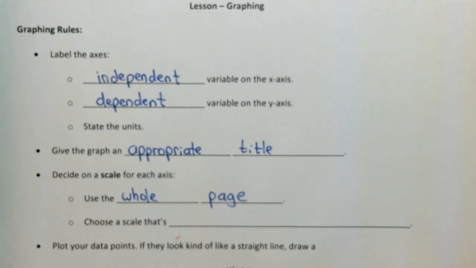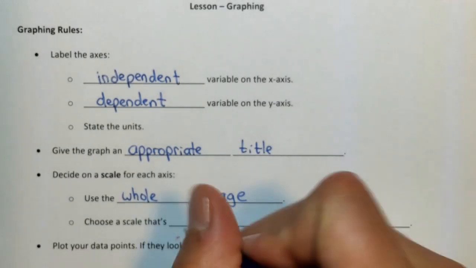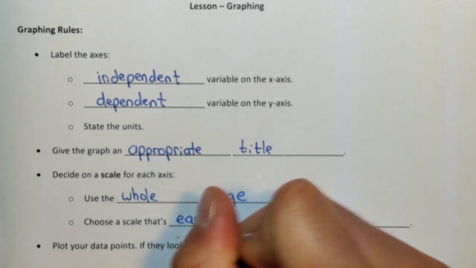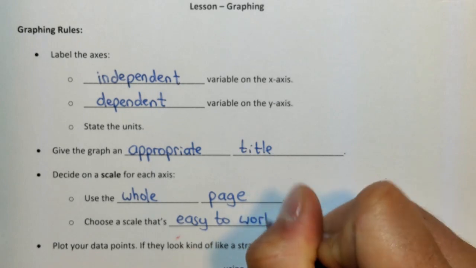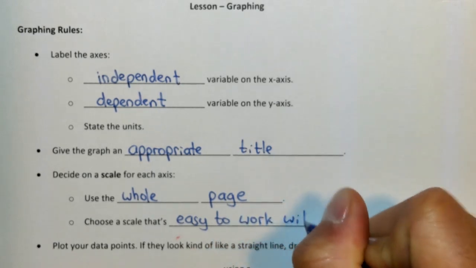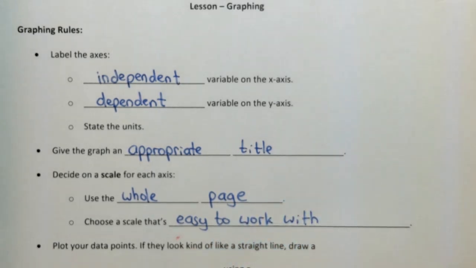or at least close to it. But you also want to choose a scale that's easy to work with. So by that, I mean you want to choose numbers like 1, 2, 5, 10, sometimes 4.